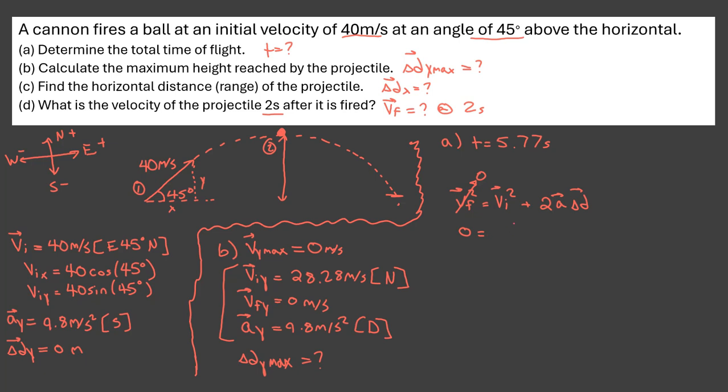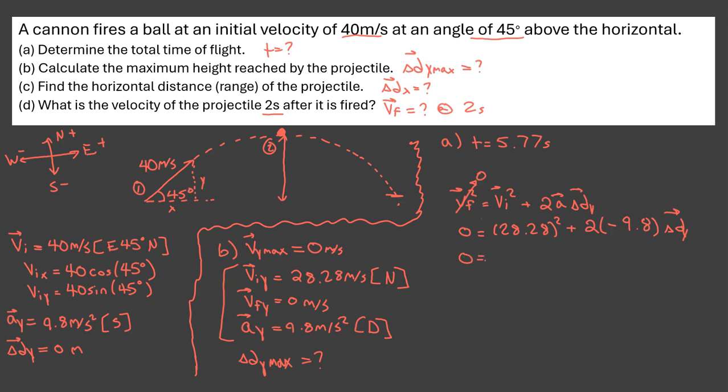So 0 equals my initial velocity squared, which will be 28.28 squared, plus 2 times the acceleration, which is negative 9.8, times that displacement. And I'll call this, again, our dy. This here is represented by our dy max.